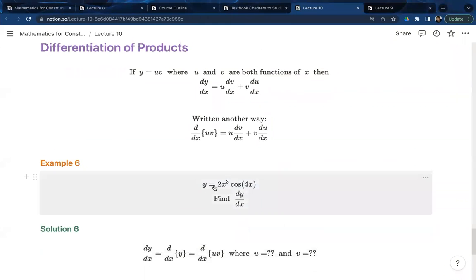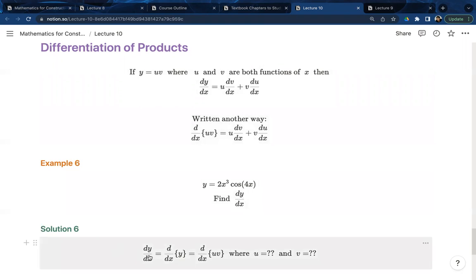So the original function y is uv. Think of it as a product of two smaller functions, which are both functions of x, right? So y is uv. If you apply the differential operator to a product, you have to use this formula here. So what is u and what is v?